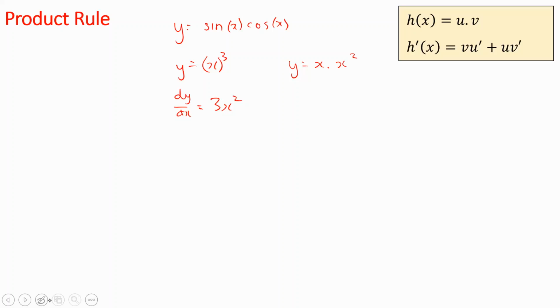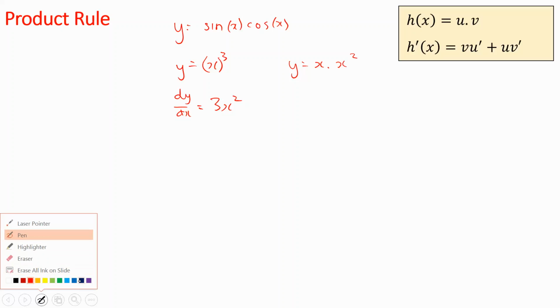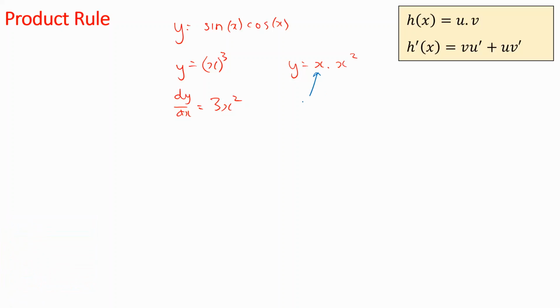So in our case, the example that I just gave you above, we call this u, and we can call that v. Those two are being multiplied to each other, so that's what u dot v is. The derivative, which is u dash, means the derivative of u, plus u times the derivative of v.